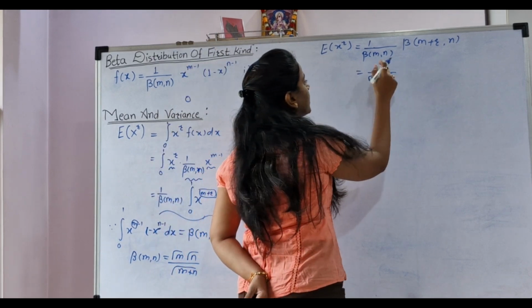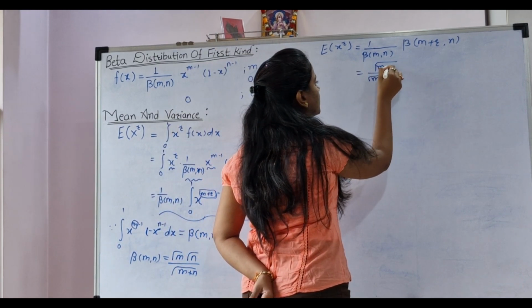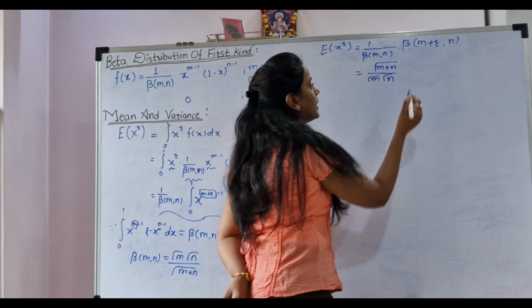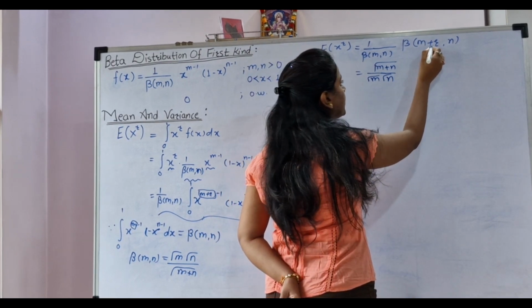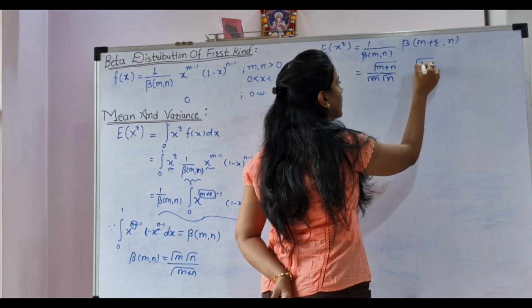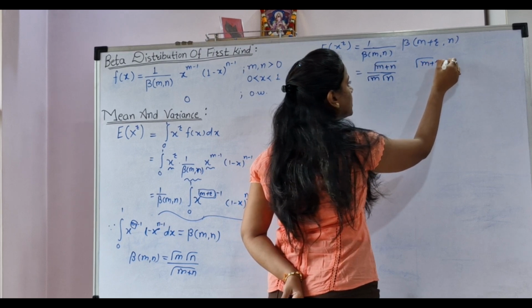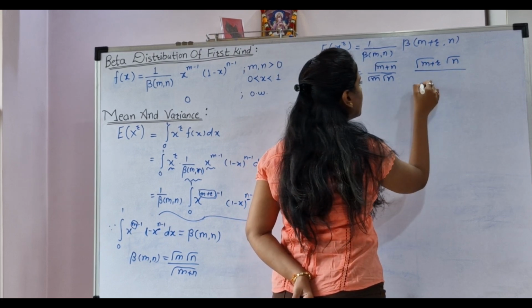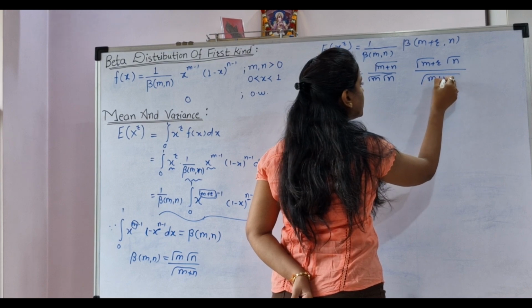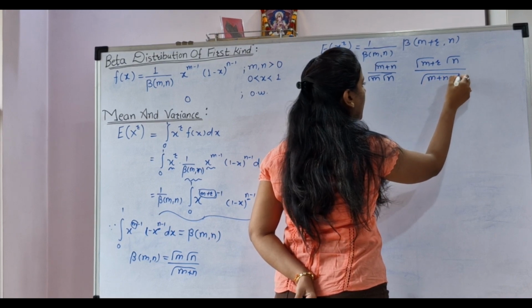So that term we can write in the numerator. So it will be gamma of m plus n. And here it is beta(m plus r, n), so gamma of m plus r gamma n upon gamma of m plus n plus r.